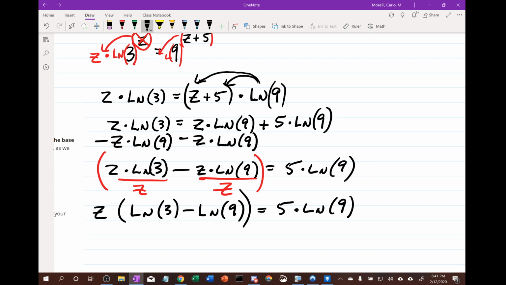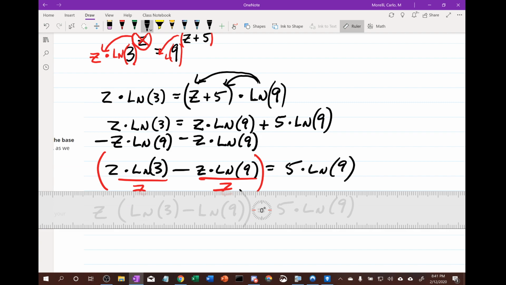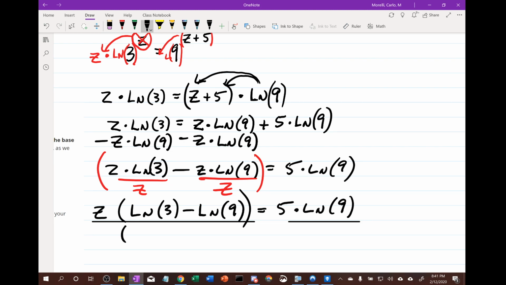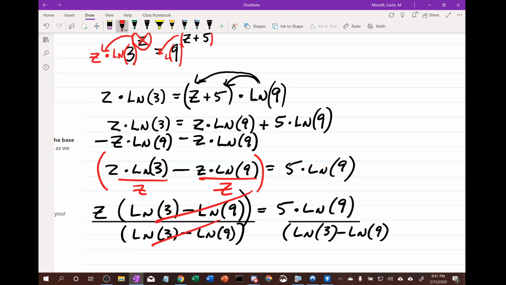And now I can get z by itself by just dividing both sides of this equation by this whole thing, ln 3 minus ln of 9. Same thing over here, ln of 3 minus ln of 9. Okay, so these cancel on the left.